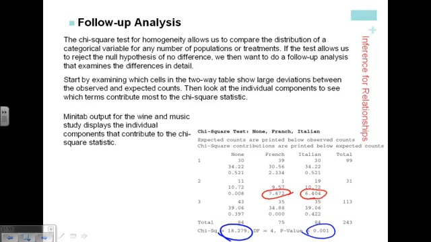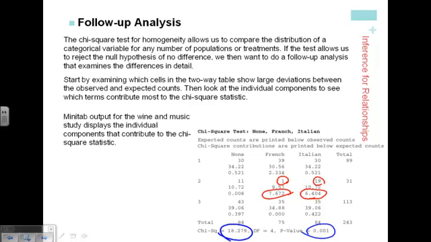That's when French music was played, we had extremely low Italian wine purchases. When Italian music was played, we saw enhanced Italian wine purchases, and it shows up through those contributor values. So chi-square tells you there is an effect. The contributors, or looking at this graphically, can give you insight on what effect was happening.